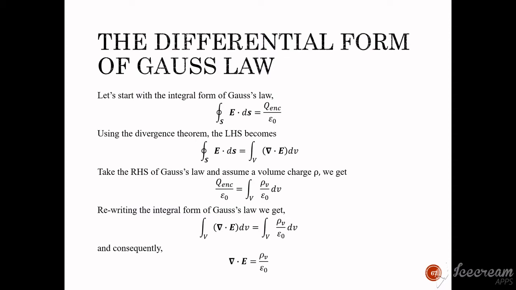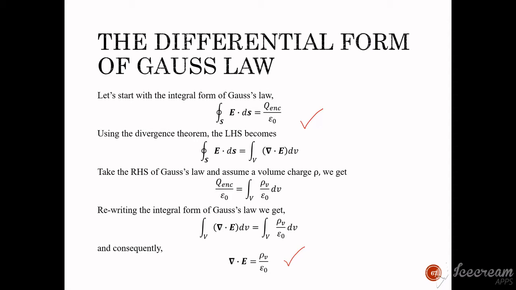This is what we do in order to change the Gauss law from the integral form that we usually use to the last form we have over here, which is known as the differential form of the Gauss law.